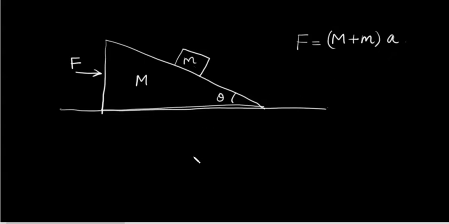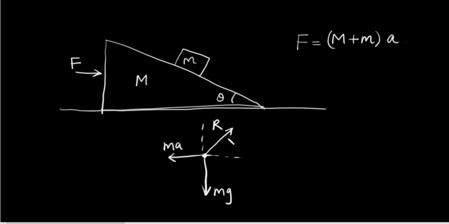Now if we draw the free body diagram of small mass m, what will we see? mg is downwards. Normal reaction force is like this. And is there any other force? There is a pseudo force in this direction, left direction, which is ma.